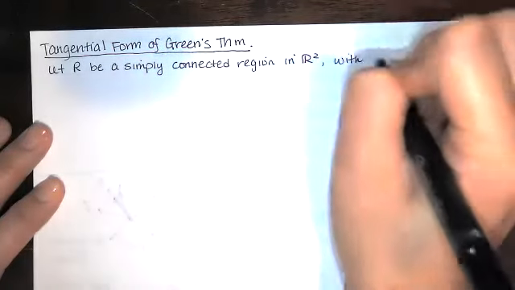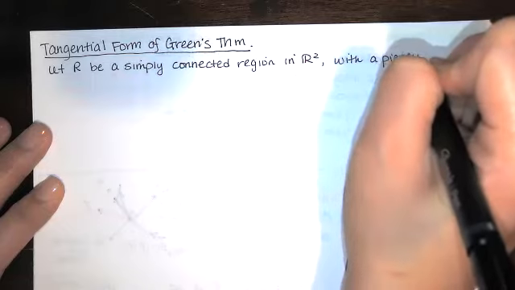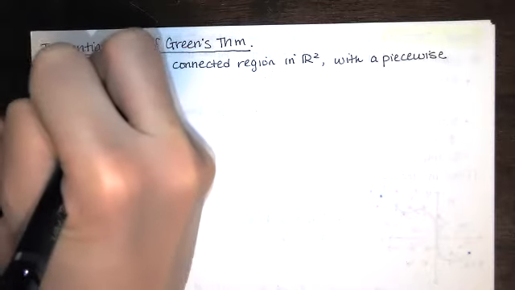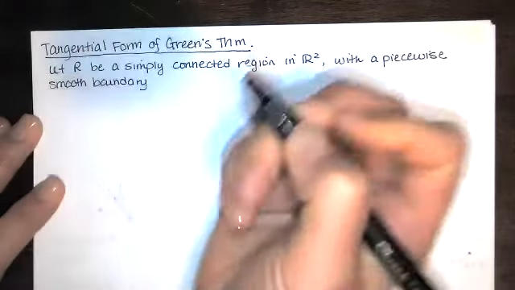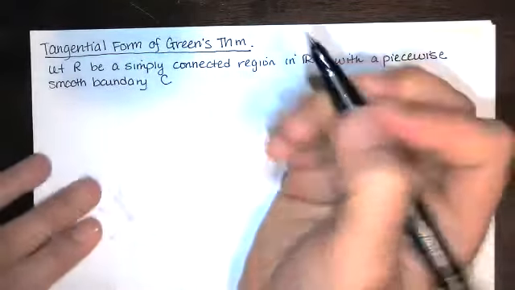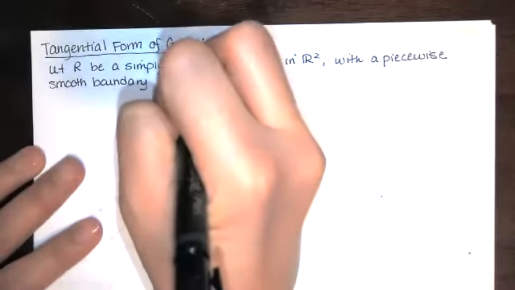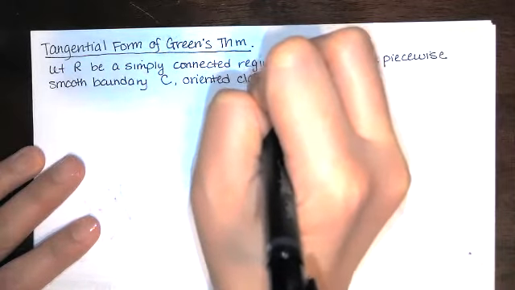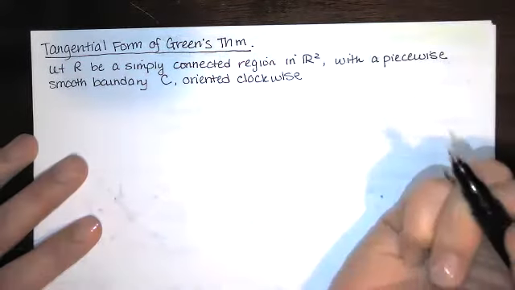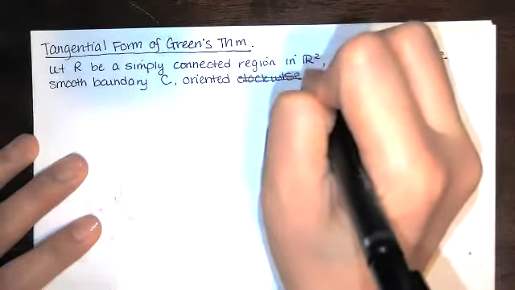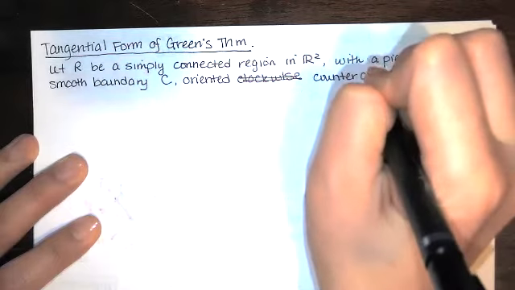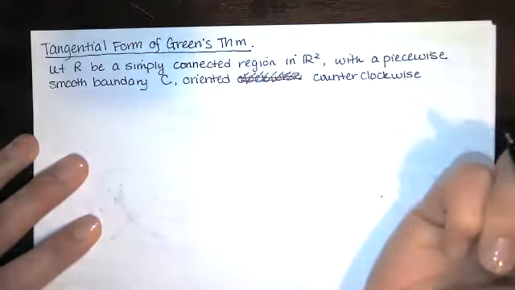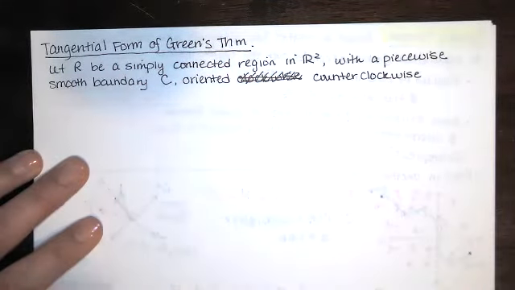With a piecewise smooth boundary C, and that C has to be oriented counterclockwise. If it's oriented clockwise, just multiply by -1, you get the right answer.